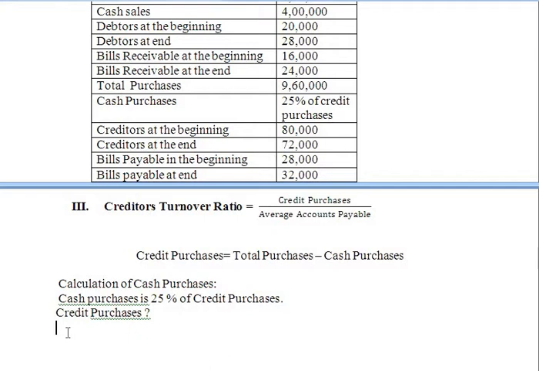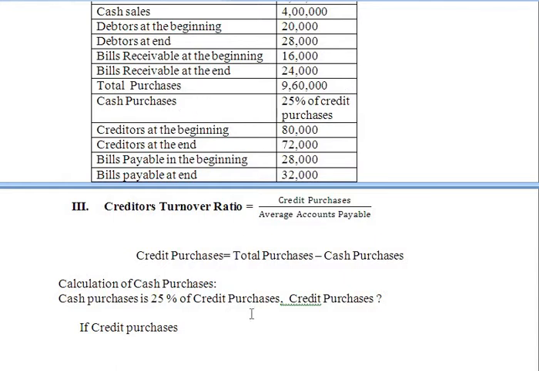So next line, write, suppose we consider credit purchases is 100. Why 100? Because what they have told is that 25% of credit purchases is cash purchases.